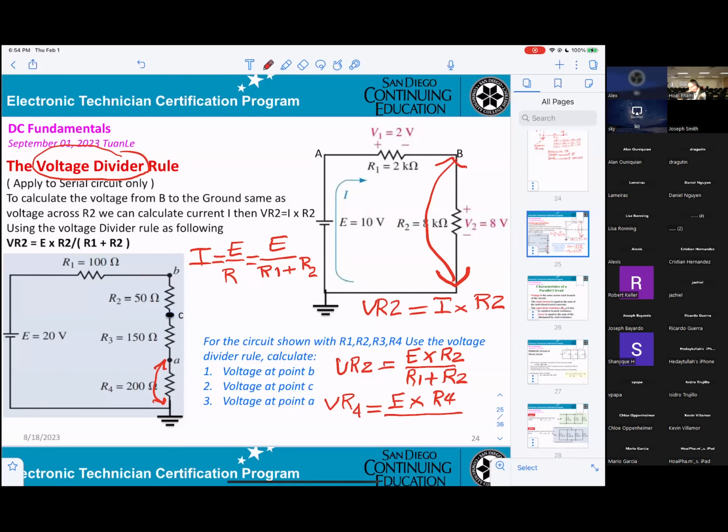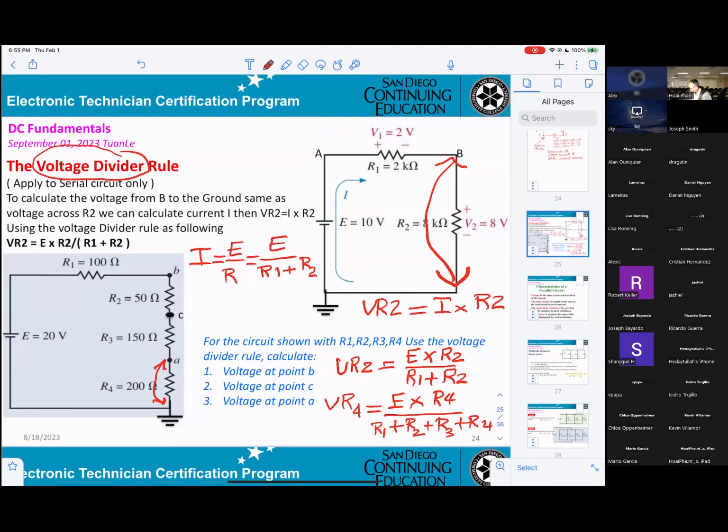R1 plus R2 plus R3 plus R4. Perfect. You understand the E divided by the total resistance? That means you calculate the current, right?